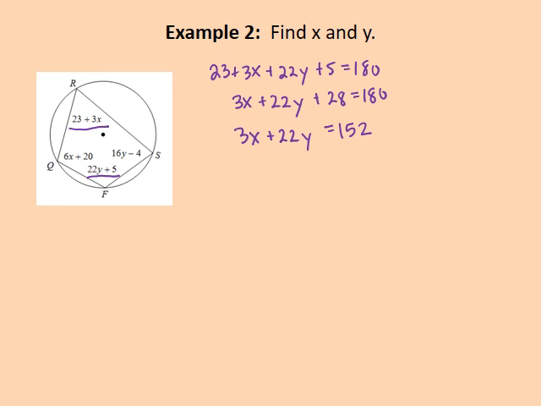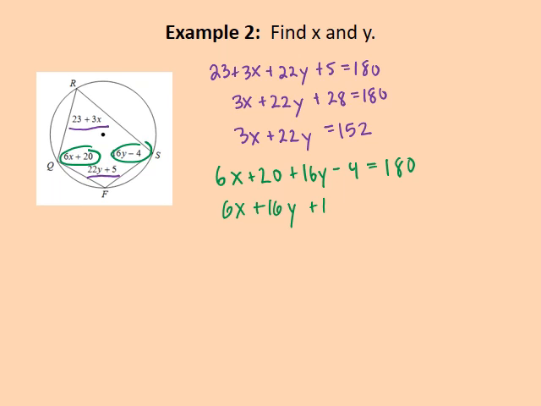Now my second equation comes from the other opposite angles. So 6x plus 20 plus 16y minus 4 equals 180 degrees. We're going to simplify these: 6x plus 16y plus 16 equals 180 degrees, so 6x plus 16y equals 164.